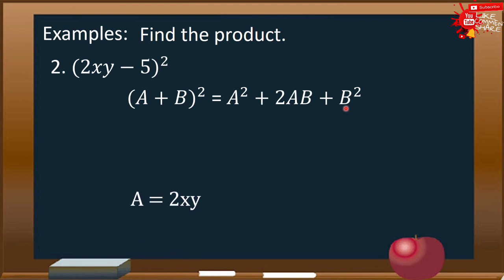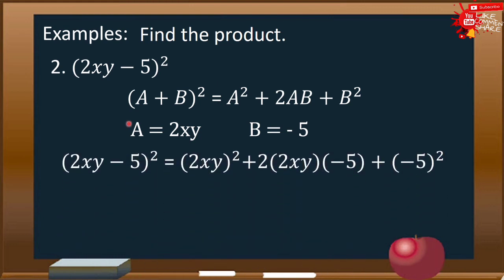Then let us identify the value of a, which is 2xy, and the value of b, which is negative 5. Take note that if it is a minus sign, the sign of 5 is negative, so b is equal to negative 5. Then let us substitute it into our mathematical statement. So we have here the square of 2xy minus 5.